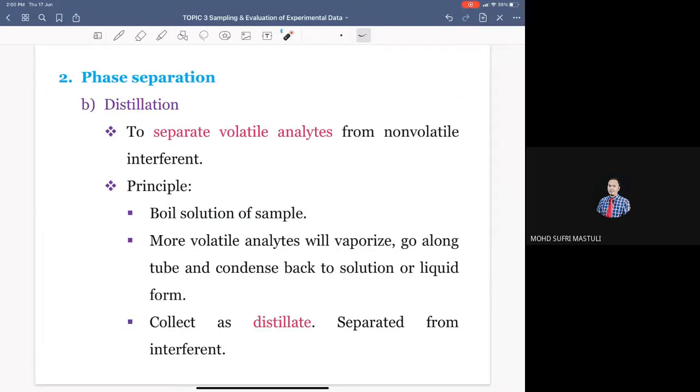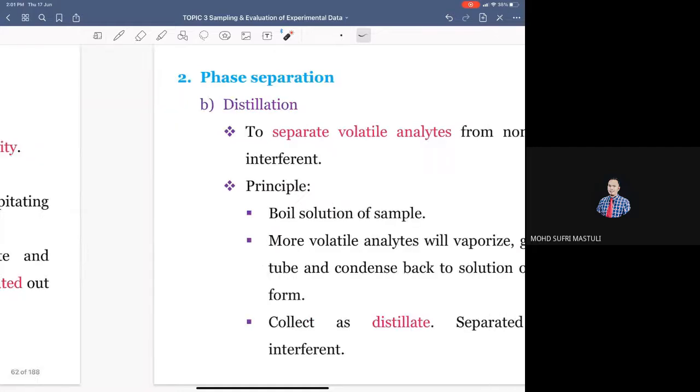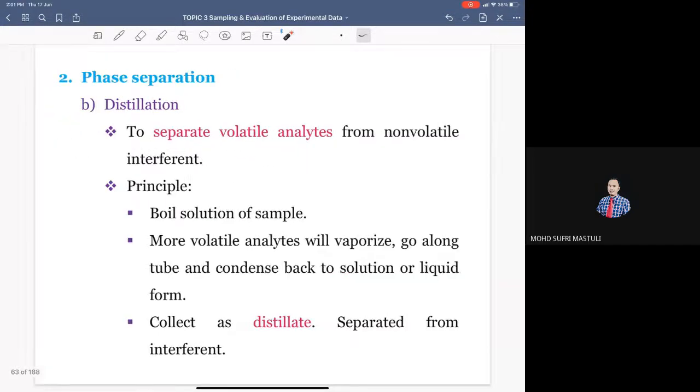Okay, phase separation by using distillation. For the precipitation and filtration, the analyte and interference should have a different solubility. But for distillation, we separate the volatile analytes from non-volatile interference.